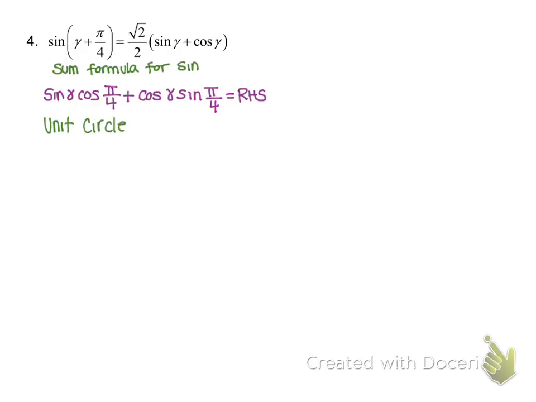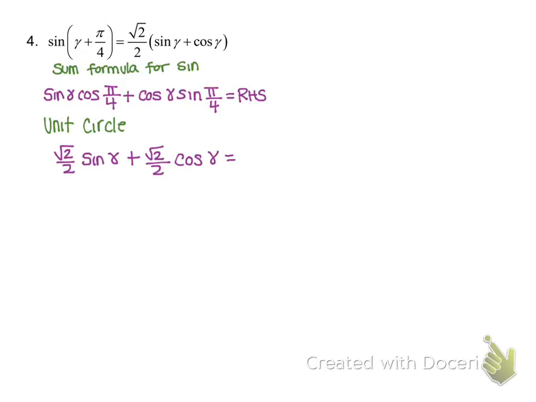So for each of these steps, you just kind of start with your formulas and then see what it gives you and see how you can adjust the left side to become the right side. So cosine of pi over 4 becomes root 2 over 2 times sine of gamma plus sine of pi over 4 also becomes root 2 over 2 cosine gamma.